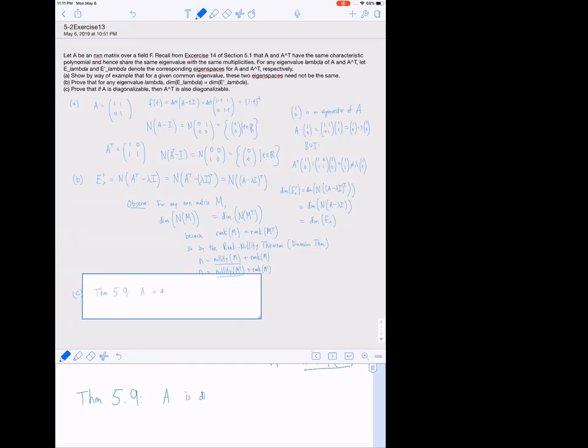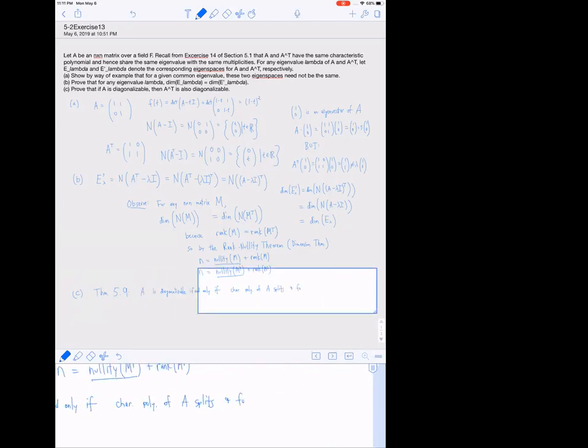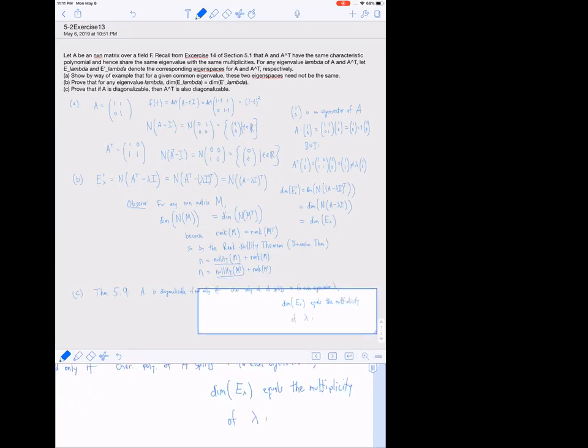A is diagonalizable if and only if the characteristic polynomial splits and for each eigenvalue lambda, the dimension of E sub lambda equals the multiplicity of lambda in that characteristic polynomial f of t.